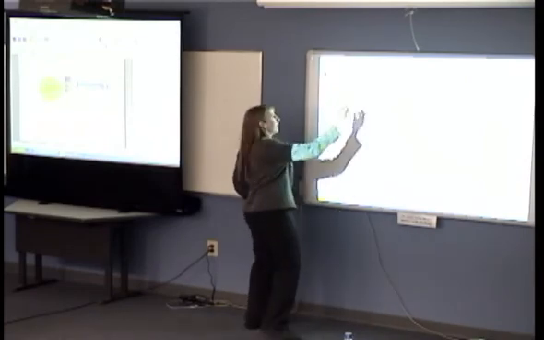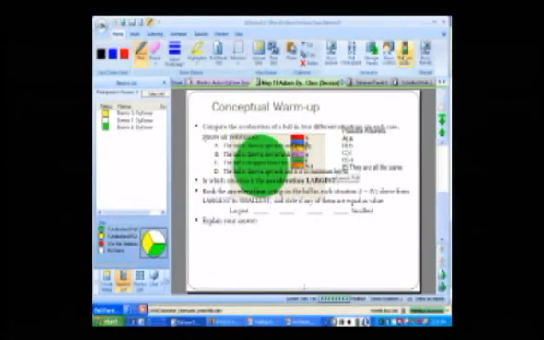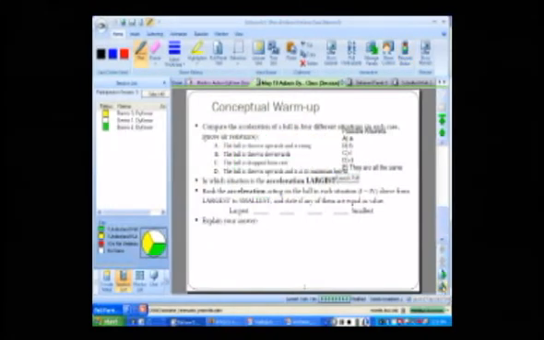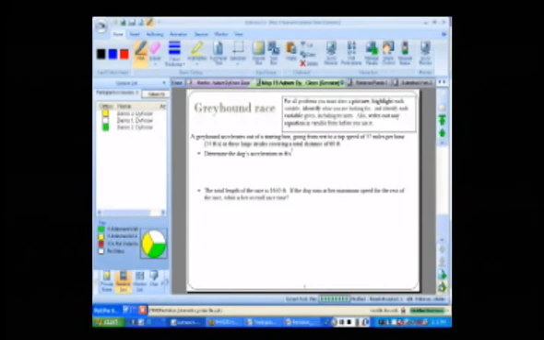Okay, so conceptual stuff, and then really the whole reason that I wanted this, back to the session, was because I wanted my students to be able to solve problems, and I wanted to see them solve problems.